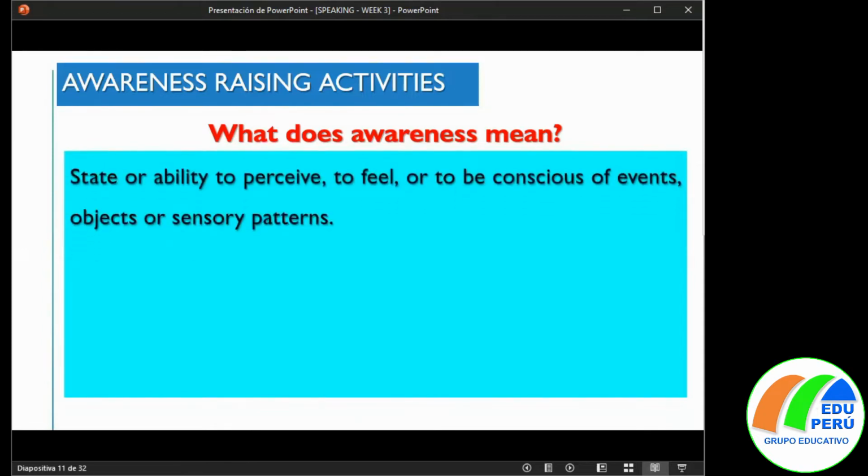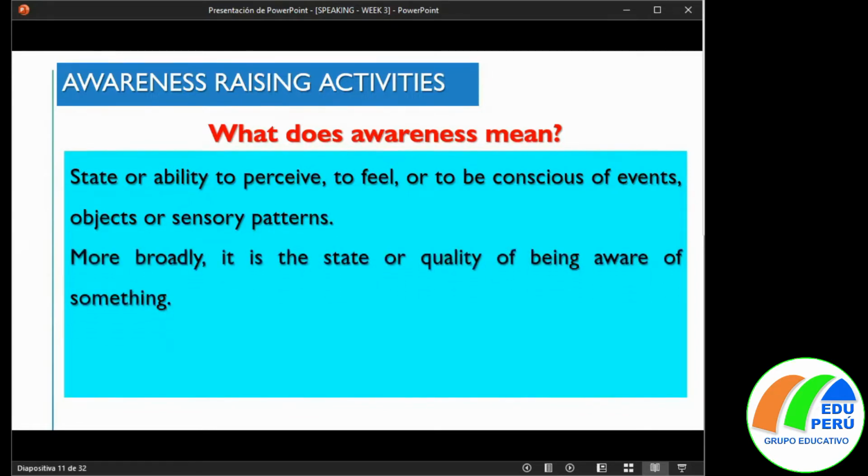So let's start. Notice, in general terms, awareness is a state or ability to perceive, to feel, or to be conscious of what? Conscious of events, objects, or sensory patterns. So notice this definition of awareness is a state or ability, a human ability to perceive, to feel, to be conscious of events, objects, or sensory patterns.